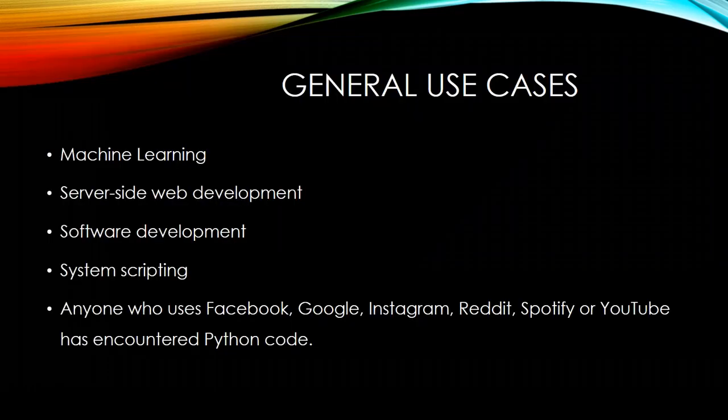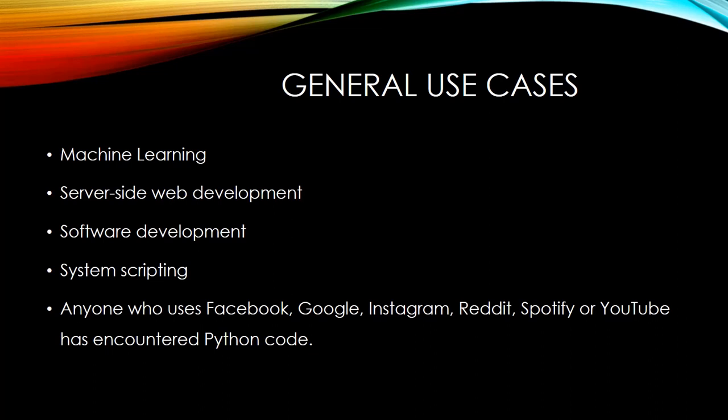So Python has various uses. For example, in machine learning, Python is used for things like analyzing data, creating a model and doing some training. So you can use it in things like classification, especially in GIS where we mostly do classification. You can use machine learning to classify your data, or maybe images. Python is also used in web development, especially the server side. Same case for software development. You create software using Python.